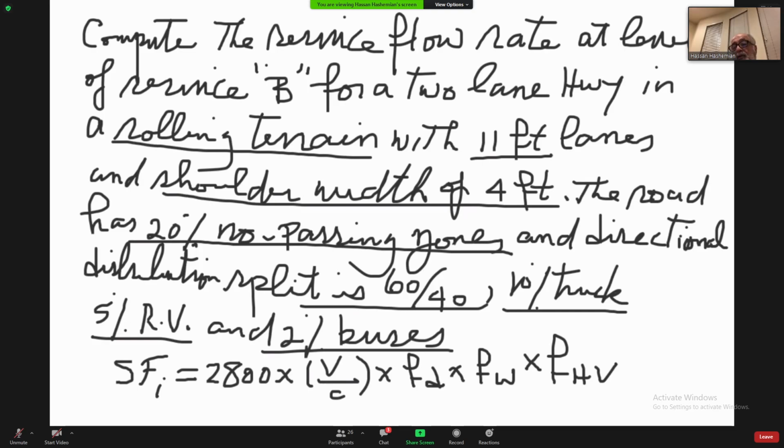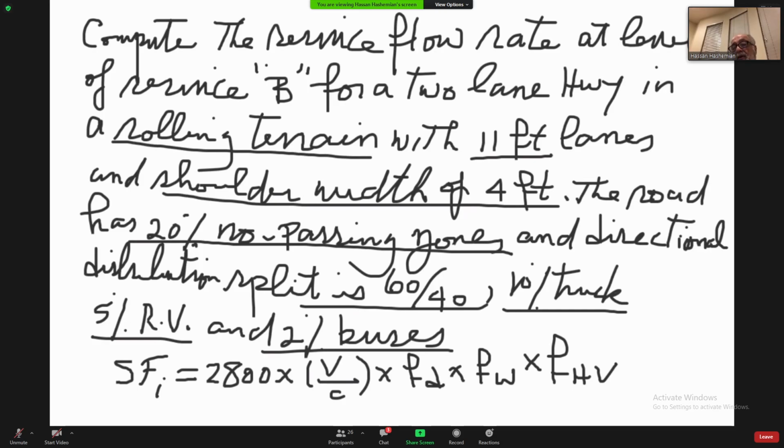Your F sub W is the factor for your lane width and the shoulders. So that's the correction factor for lane width and the shoulders.